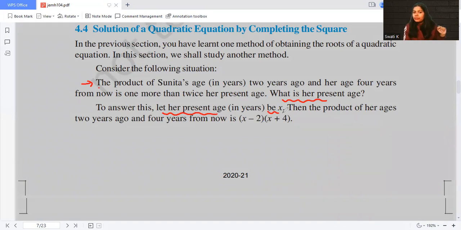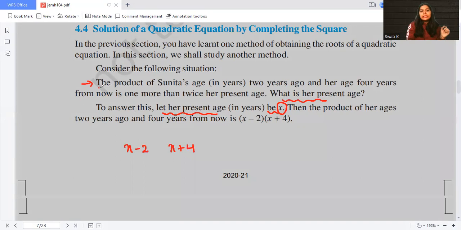What is her present age we have taken? We have taken her present age as X. What will be her age 2 years ago? Of course, X minus 2, right? And her age 4 years from now. If her age is right now X years, what will be her age after 4 years? Of course, X plus 4. So you'll write down X plus 4.